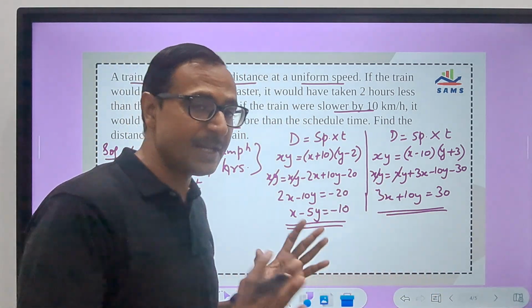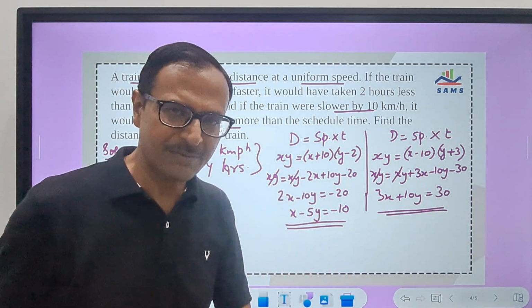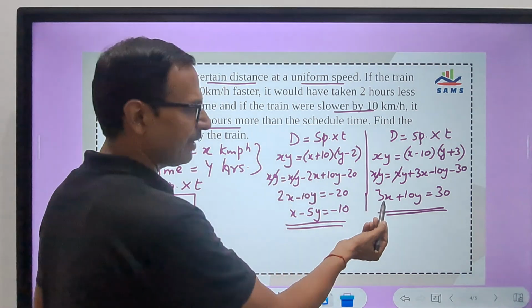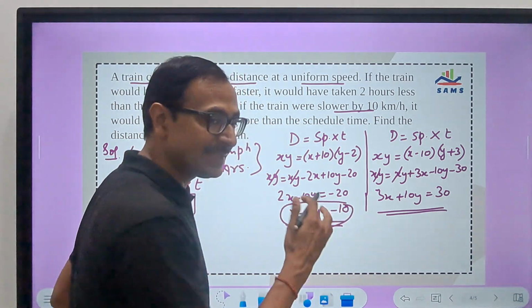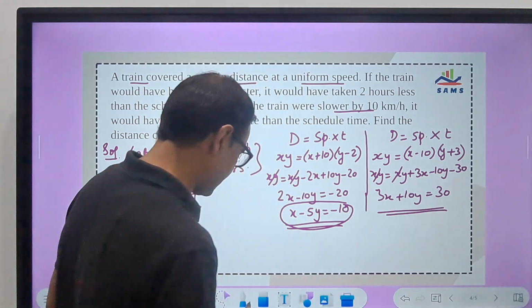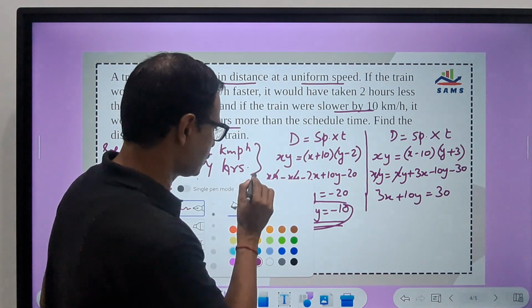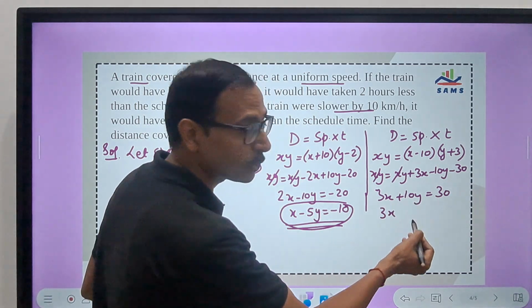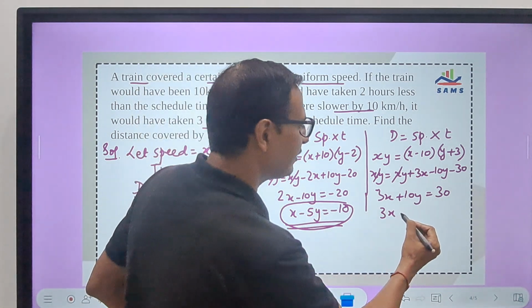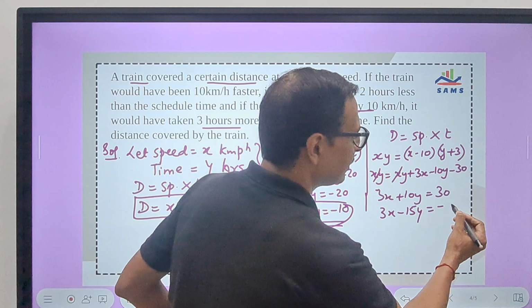So I am leaving this as a DIY question for you, because solving the equations is not going to be a tough job, right? So here we have 3x, here you have 3. So you can just multiply this equation by 3. I'll make it easier for you. So this multiplied by 3 is 3x. I am writing it below this. Minus 15y equals minus 10 is minus 30.